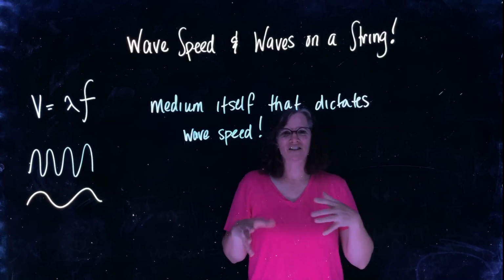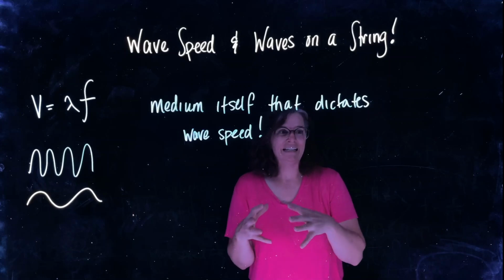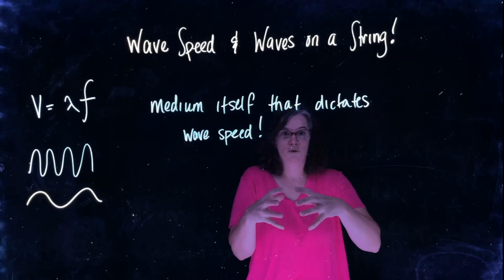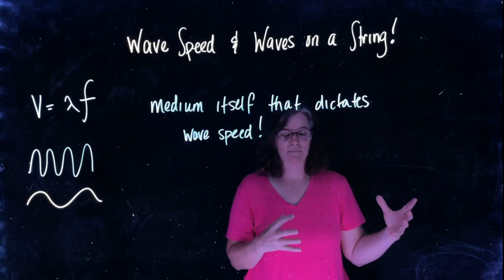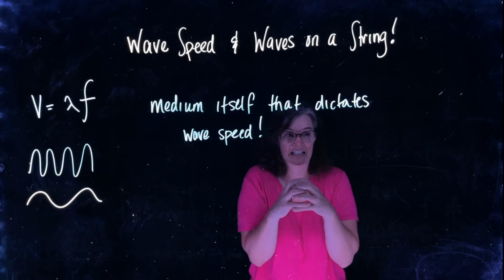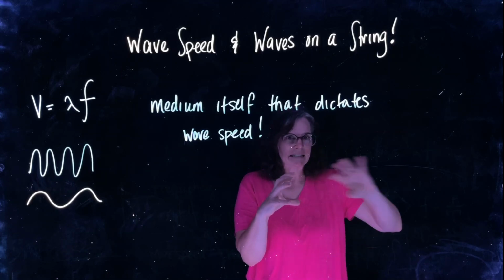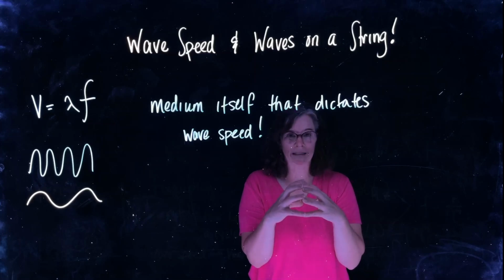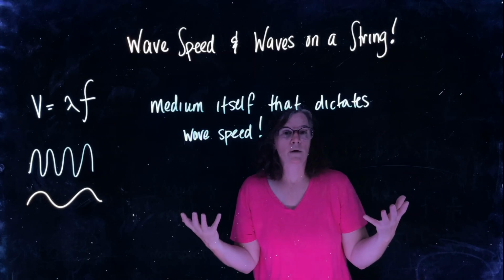So you can imagine if that medium is really loosey-goosey, that energy is going to be used to move all of those particles, moving them slowly. If that medium is really tightly bound, imagine a liquid versus a solid, that energy can dissipate through that medium much more quickly. You might have had experience of this with sound waves.